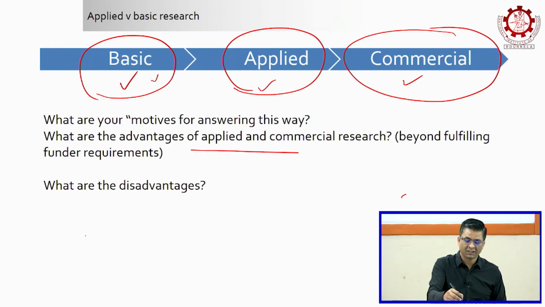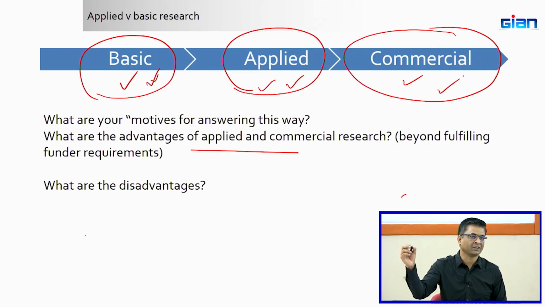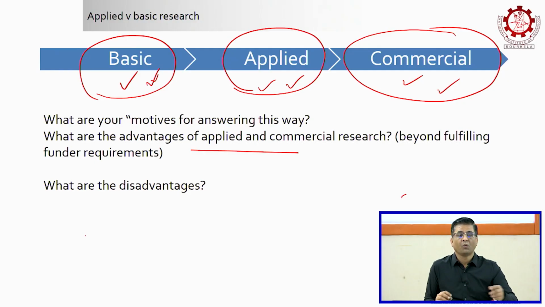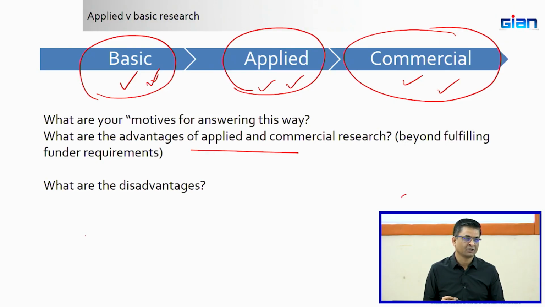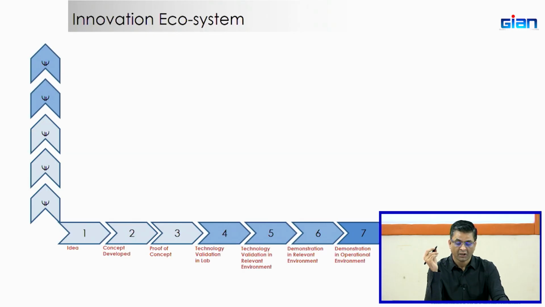So this is for creating knowledge, innovation, and revenue generation. That is the link between research and innovation. So in what way should we carry out the research? What should be the priority? For whom should we do the research? Just to be employed? Why should we do research?